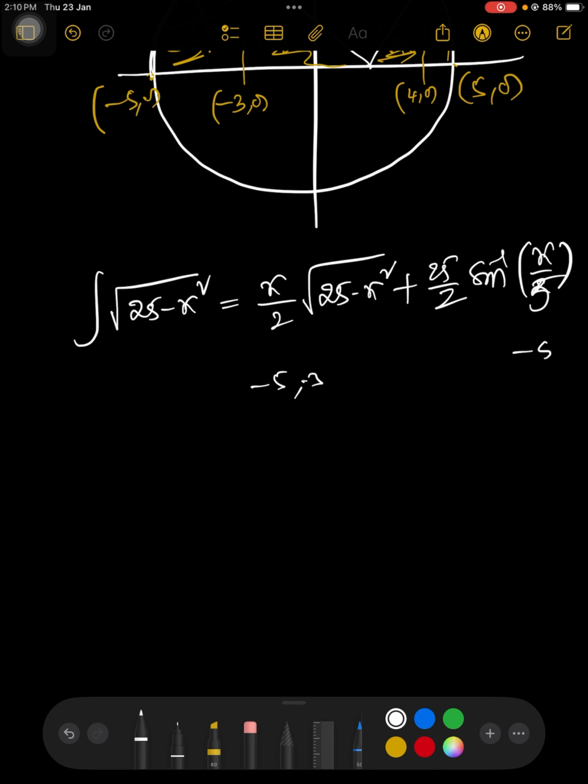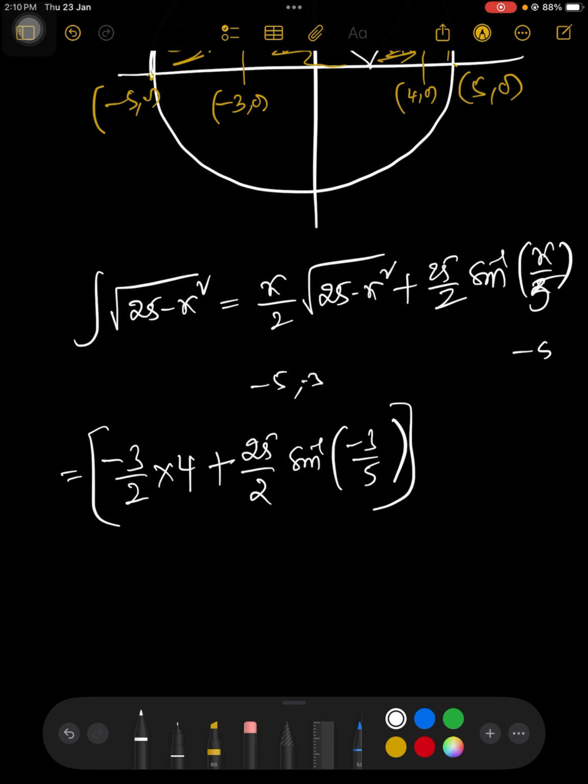In this, for the upper boundary, if you substitute minus 3, then it will be minus 3 by 2 root over 25 minus 9, that is root 16, which is 4, plus 25 by 2 sine inverse of minus 3 by 5.